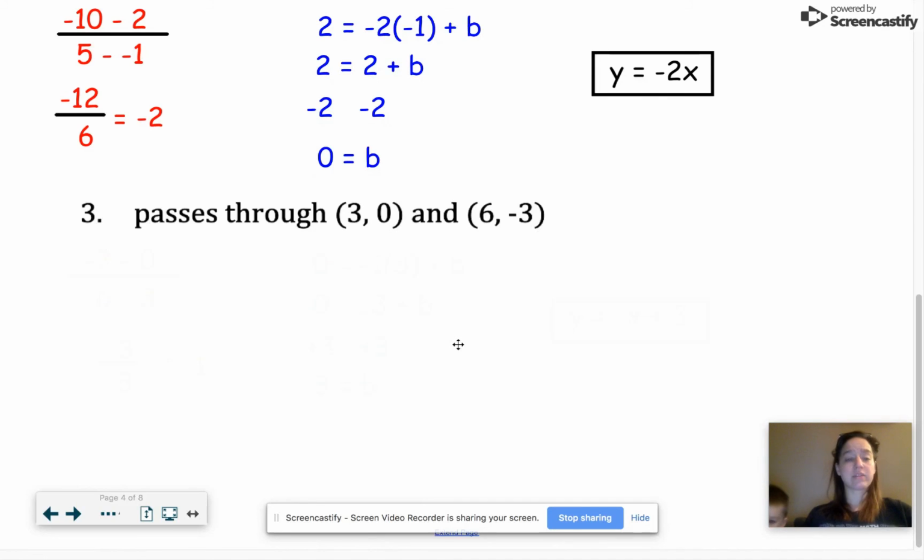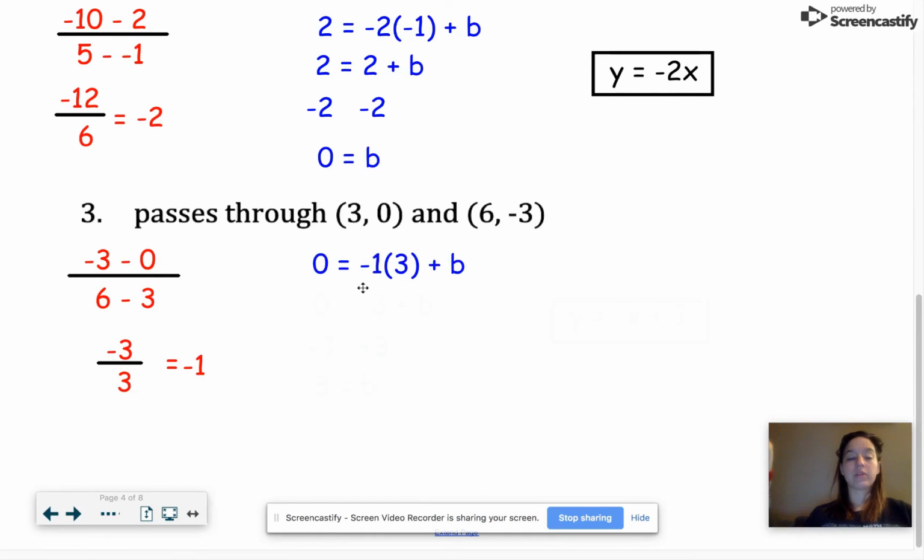And for our last one that we're going to do here, I got to figure out my slope first. I do negative 3 minus 0 over 6 minus 3. I get negative 3 over 3, which is negative 1. So here I want to make sure that we understand. When I go ahead and solve, I figure out b equals 3.